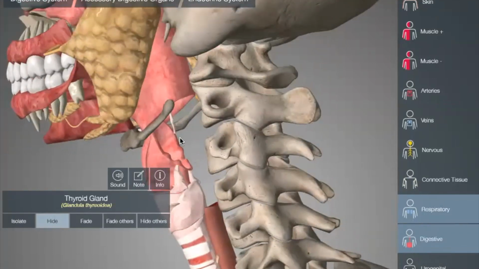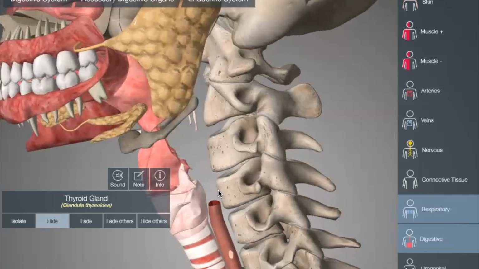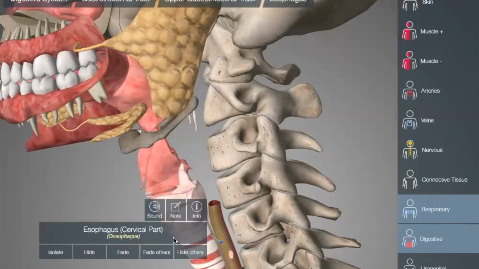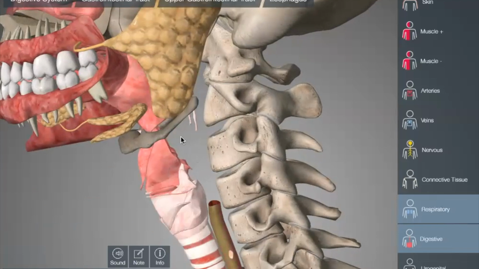The laryngeal inlet will be covered by epiglottis to allow the food to enter into the esophagus or the food pipe. If the epiglottis does not close this in time, or something happened, you're eating so fast, or you're breathing and eating, you will choke.